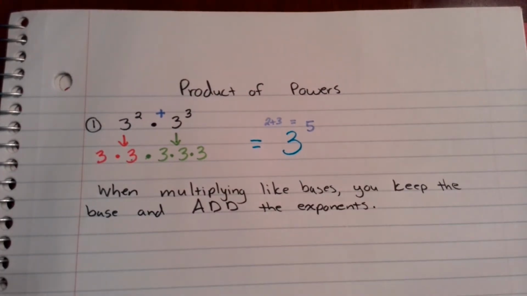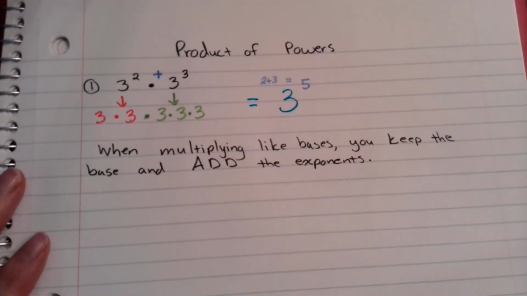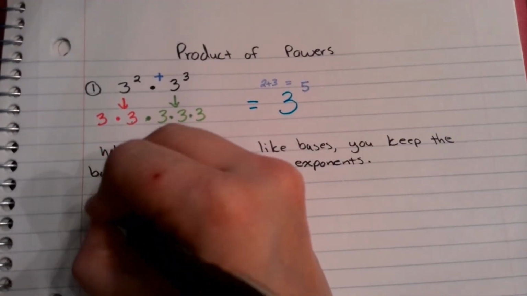When you're multiplying like bases, you keep the base and just add the exponents. Let's take a look at another one.